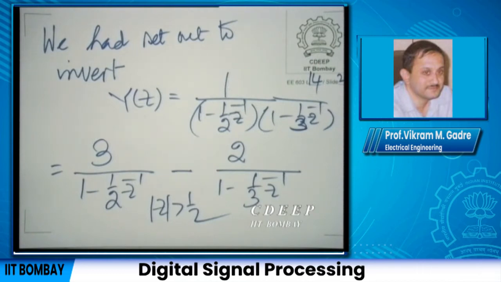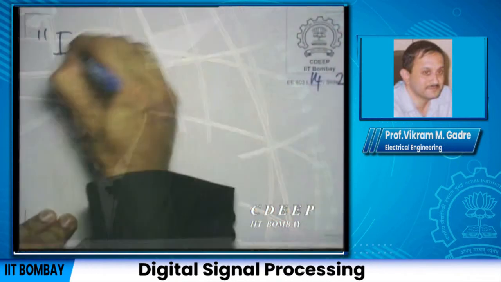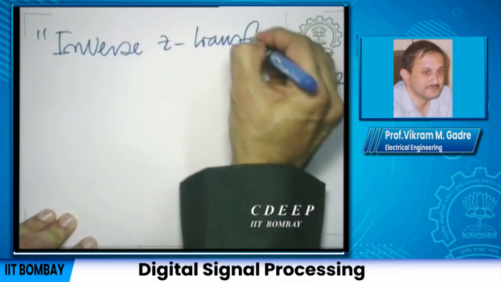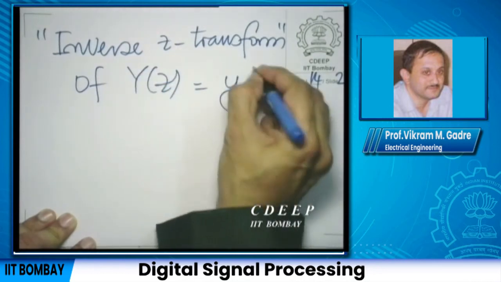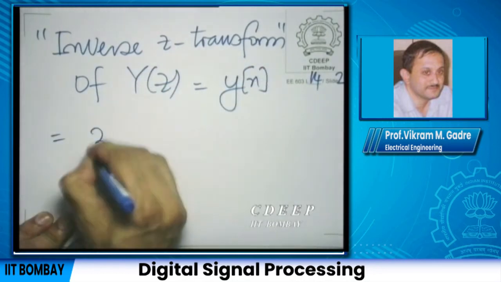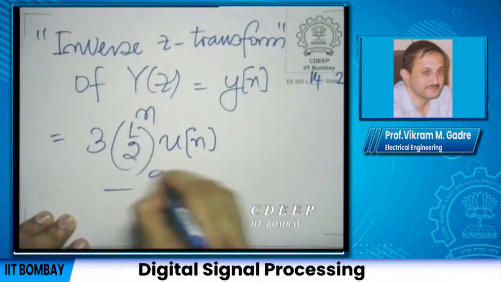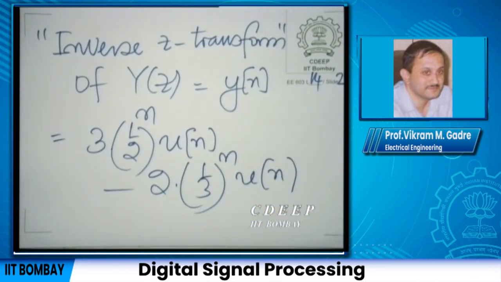Yes. So, therefore, the inverse Z transform of Y(z), which is y[n], is 3 times half raised to the power of n u[n] minus 2 into 1/3 raised to the power of n u[n], from the linearity of the Z transform.